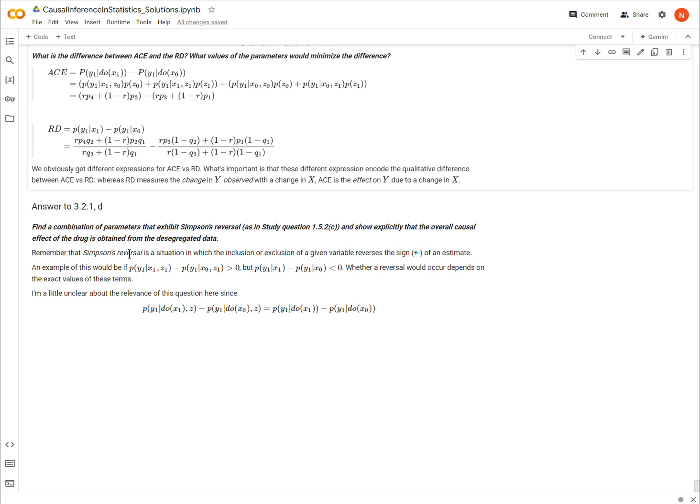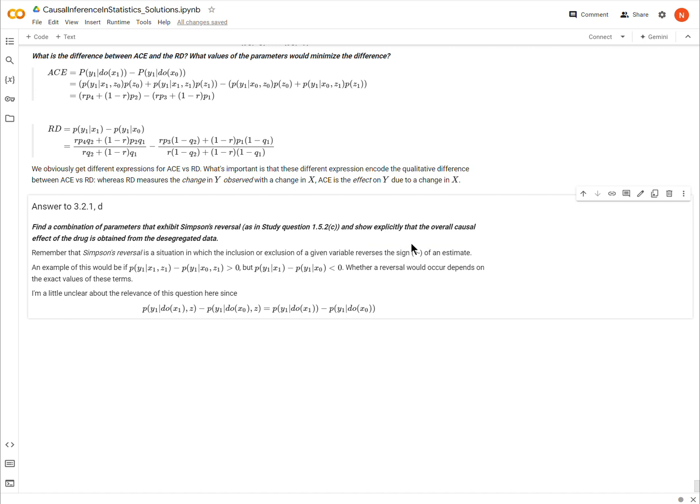Okay, and now for part D. This is basically a recapitulation of part C in question 1.52, and so I've really just copied and pasted the answer here. But we're meant to show a Simpson's reversal. Remember, Simpson's reversal is when including or excluding a given variable in our analysis reverses the sign of the estimate.